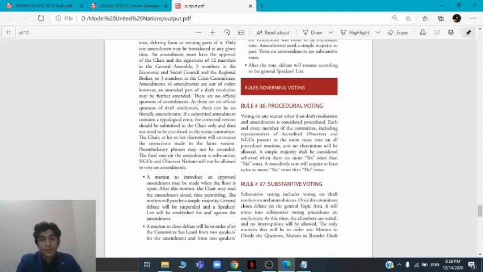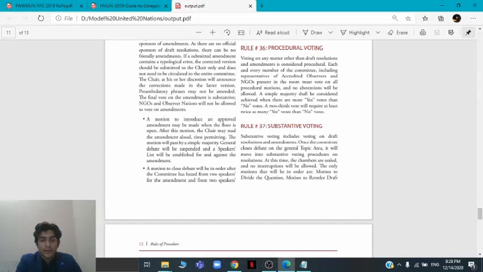It is important to remember that you cannot abstain in procedural votes. Yes, you cannot abstain in procedural votes, which means you only have to say yes or no, right?